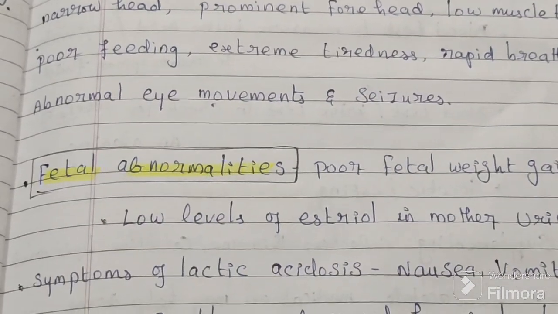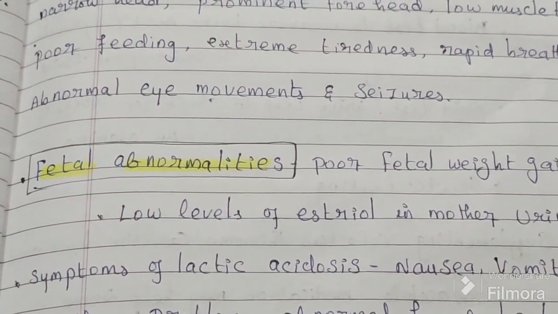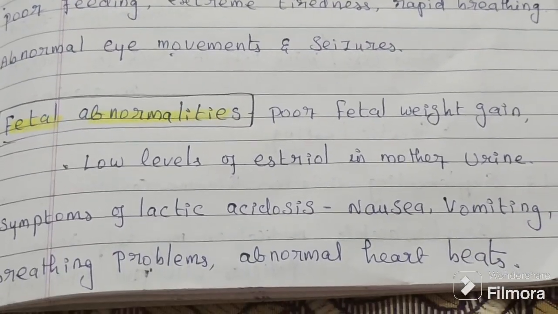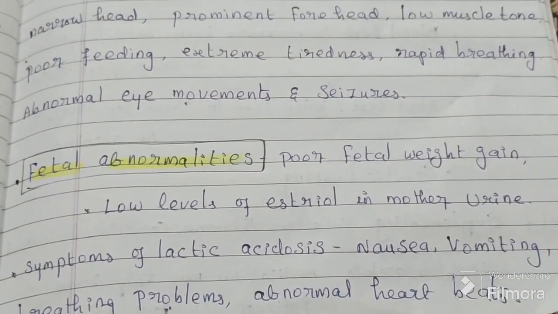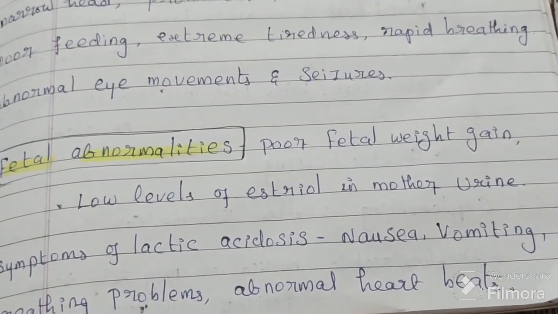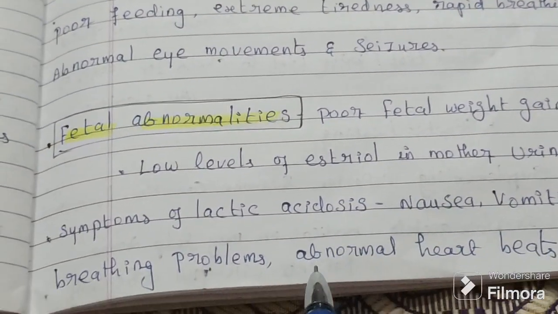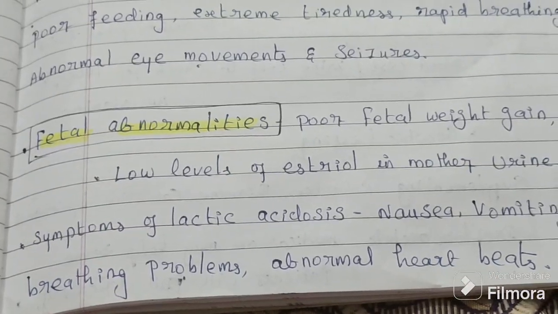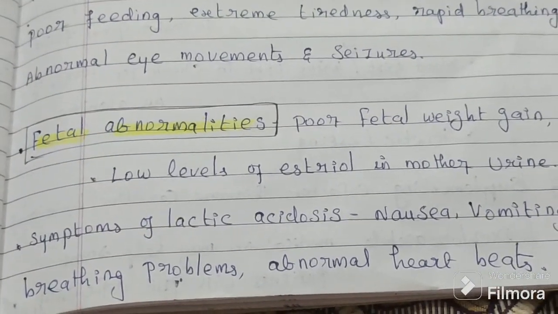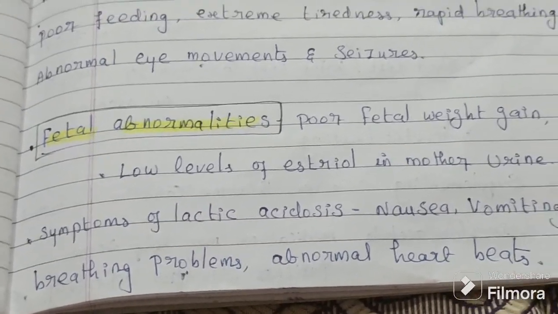Then fetal abnormalities: poor fetal weight gain, low level of estriol in mother's urine. Symptoms include nausea, vomiting, breathing problems, abnormal heartbeat.